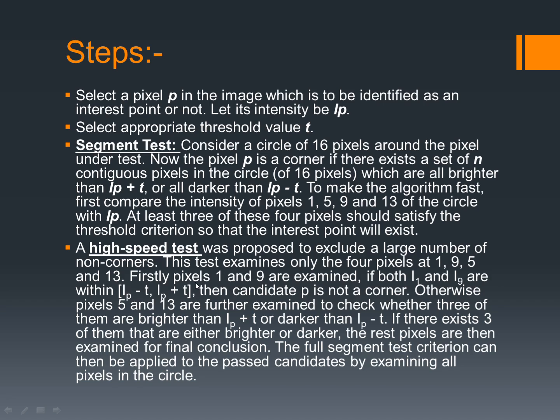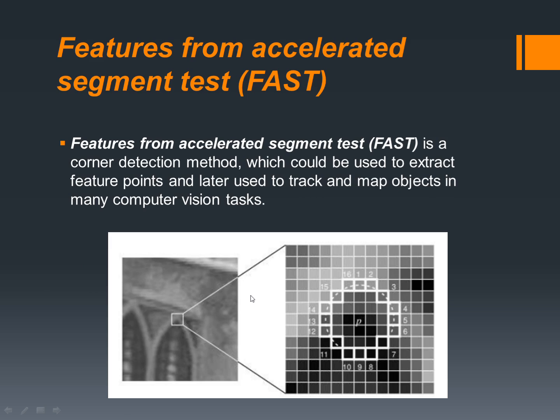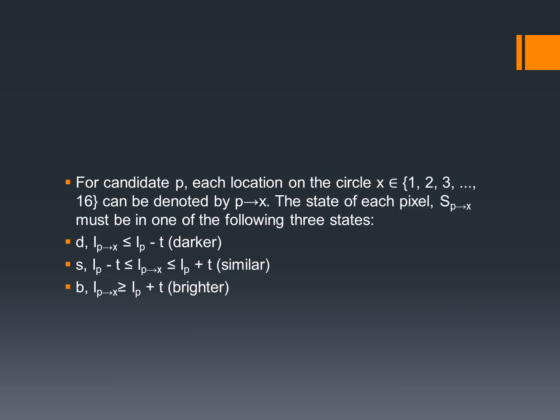But if it's not similar, then it checks 5 and 13. So in this case a total of 4 pixels are checked, 1, 9, 5 and 13. Among these 4, if any 3 are darker or brighter, then it's told to be a corner. Then it will go for the segment test.